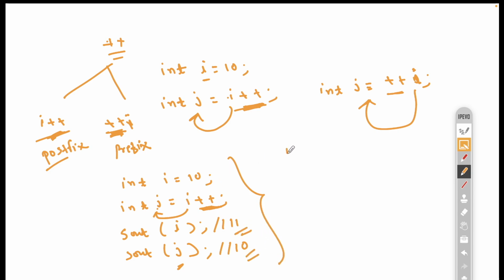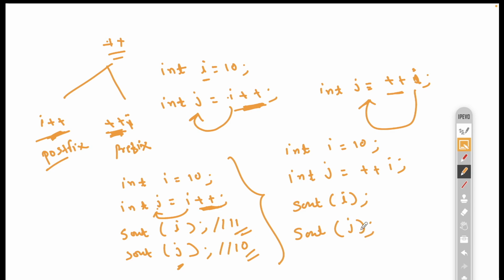But if you are writing another program, which is int i is equal to 10 and then int j is equal to plus plus i, and if you print the value of i and then the value of j, here what will happen? The value of i is 10, right, and then you are incrementing it first.